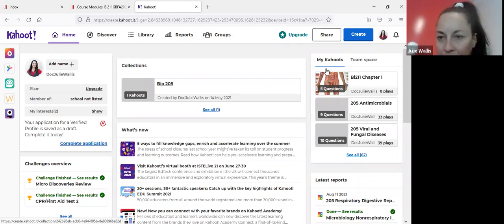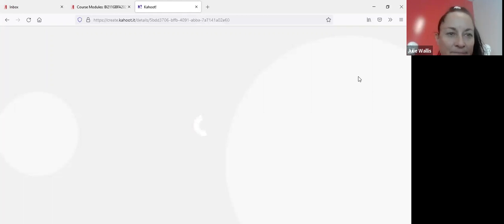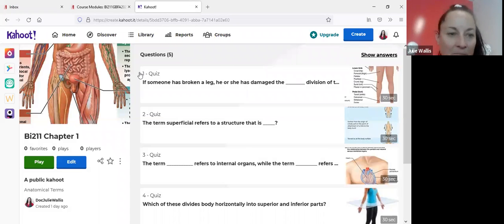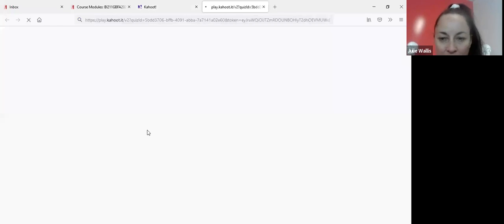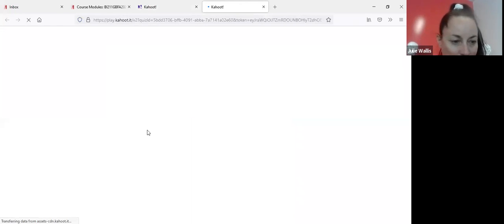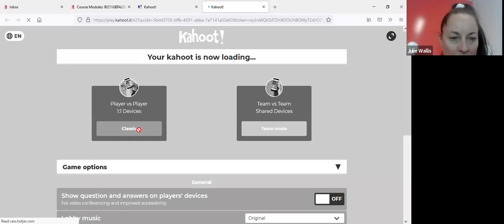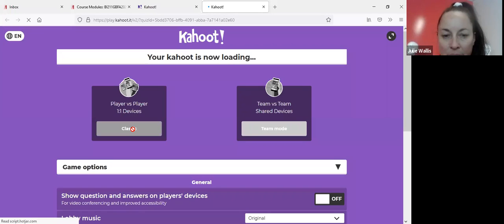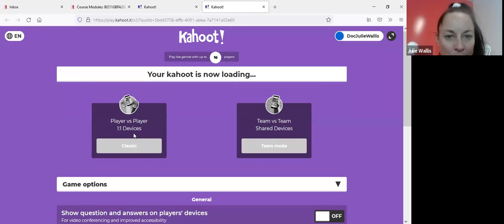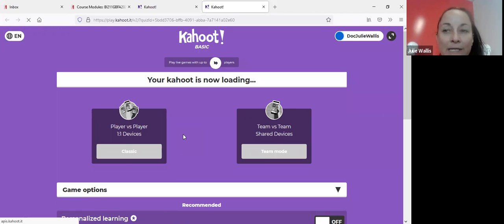Oh, where did it go? I clicked on the Kahoot. My computer does not play nice when I'm zooming. It gets overloaded. It's now loading slowly.